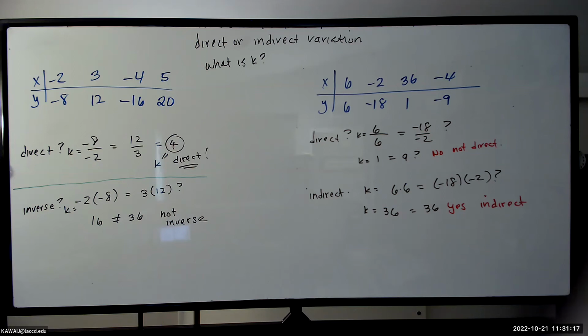Okay. So this is a positive trend. This is also a direct variation. Let's move this over here. This one right here is a negative trend.